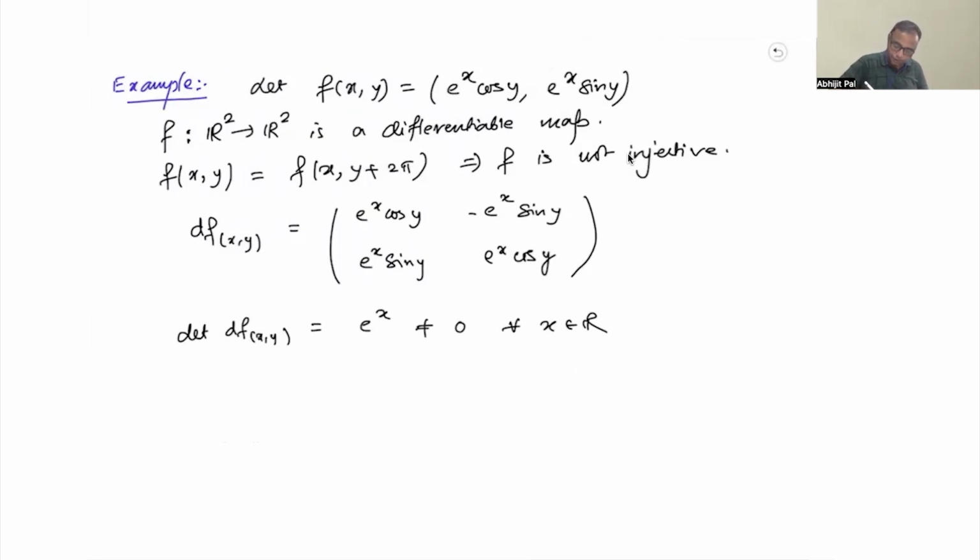Therefore, df at (x,y) is an isomorphism, a map from R2 to R2. Now I can apply the inverse function theorem.